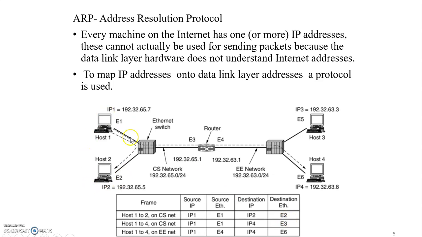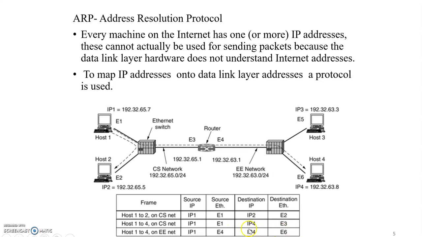It so happens because both the hosts are on the same network. Similarly, if it is host 1 to host 4 on the CS network, what happens? We fill in the details. However, if they are on a different network, then your ARP protocol is used to determine the destination Ethernet address.